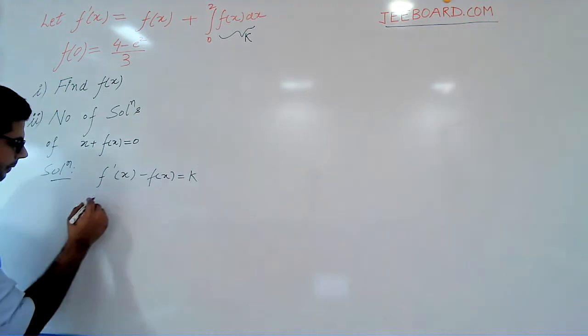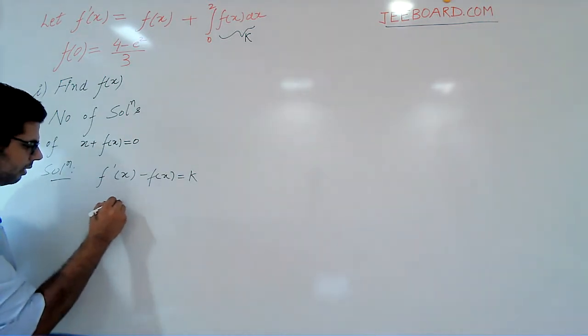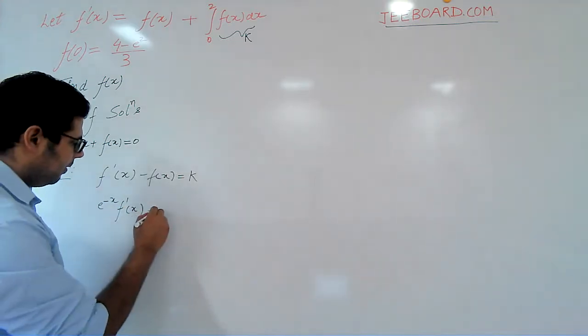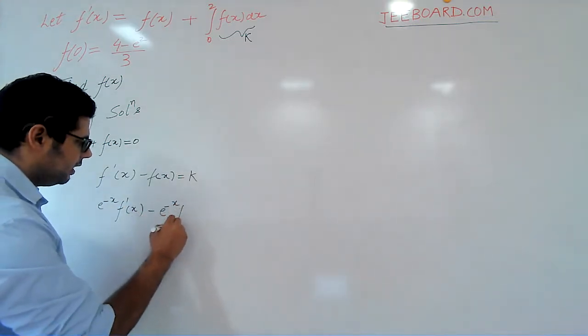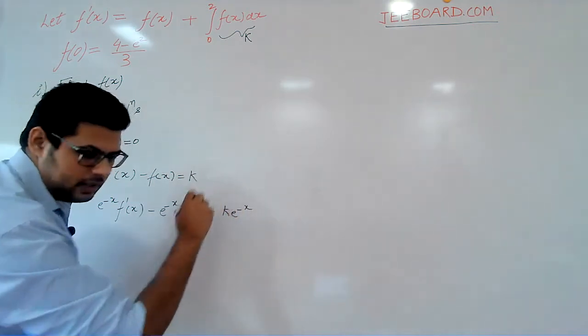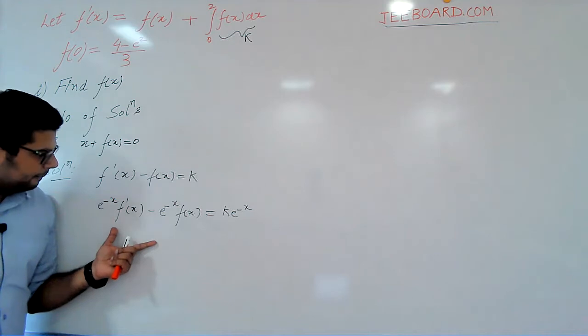So let's see what happens. Once you multiply, it becomes e raised to the power minus x f dash x minus e raised to the power minus x f of x equals k times e raised to the power minus x, right? Let us solve this step by step.